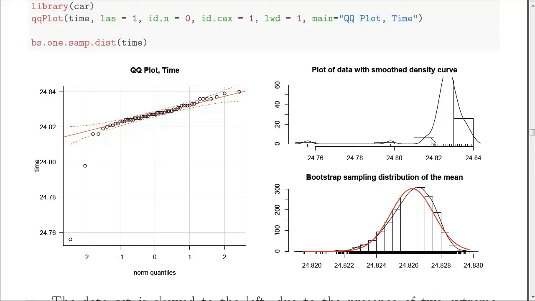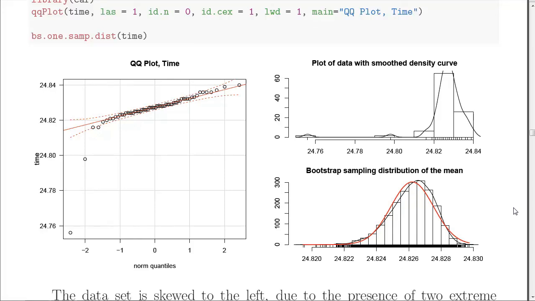On the right is the bootstrap sampling distribution of the mean. The data is on the top, and the bottom is the sampling distribution of the mean. You can see the right skewness, the systematic under and over of the black curve that fits the sampling distribution relative to the red normal distribution. This is a case where I would feel really uncomfortable using a t-test if we include those two outliers in the data.